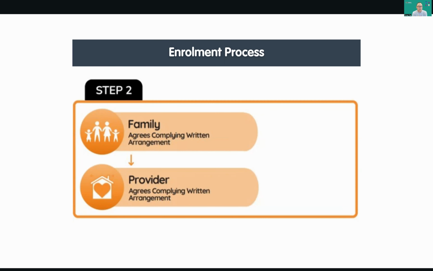Step 2, this is where you do get a little bit involved. Step 2 effectively involves only 2 groups of people: the parent or family, and yourself. So step 2 is the provider and the individual or family agree an arrangement of care for the child.